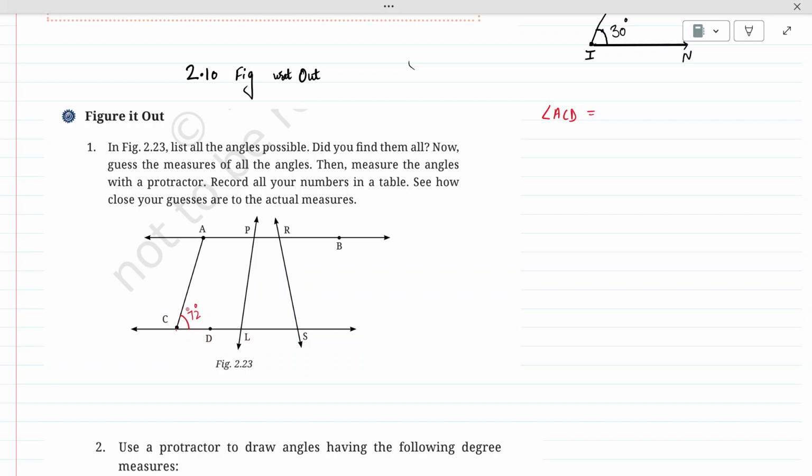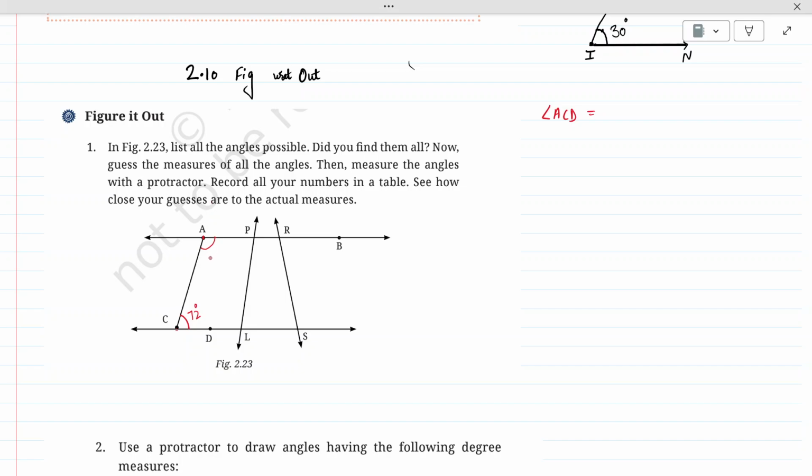Now the other angle here is CAP, means this angle. So we have to measure this angle with the protractor. We will keep the center of the protractor at A and one line with AP, and we can see where AC is falling. So we can find out what the angle is.